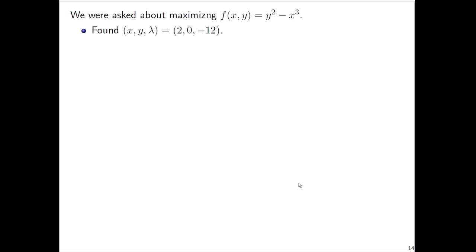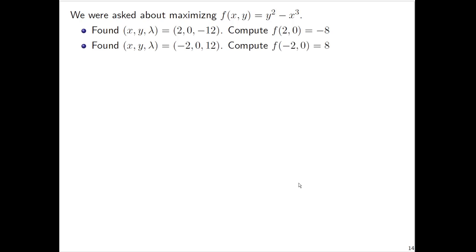So here's one of our 6 x, y, lambda combos, and we don't really need the lambda. It was just part of the process of the geometry of this. So we'll just look at the x and y values and then compute f at 2, 0, and get negative 8. Here's another one of the combinations we had, and we'll compute f of negative 2, 0, which is equal to positive 8.